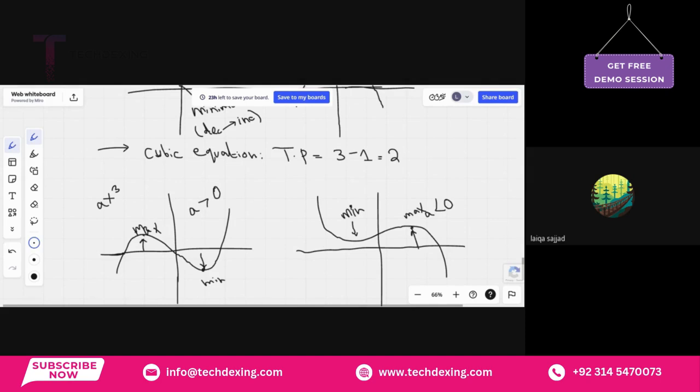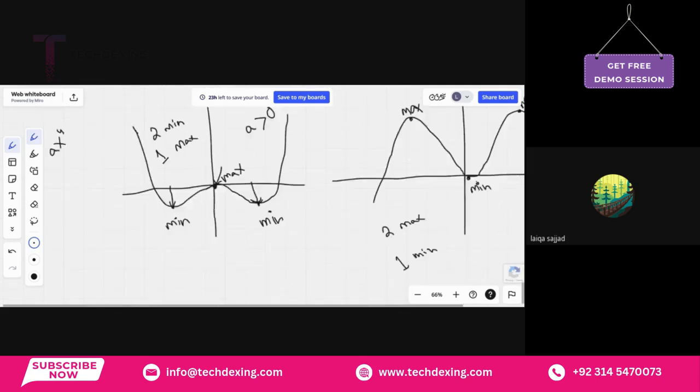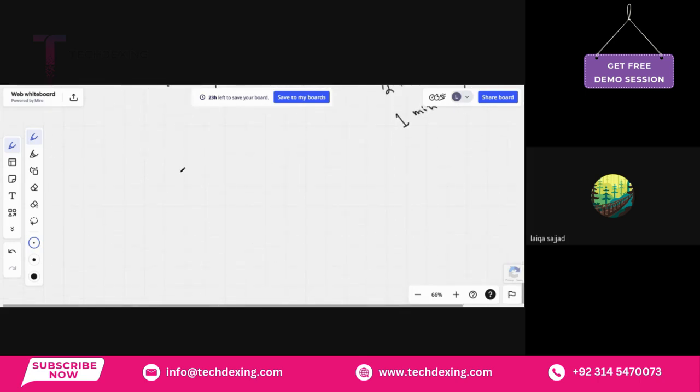Moving forward, one more thing that you should know is that if we have any equation, the dominant term is the one that has the highest degree. So if I have any equation, for example, y equals x4 minus 4x3 plus 5x square, x4 is going to be the dominant term.